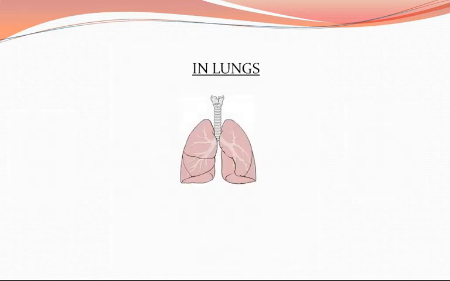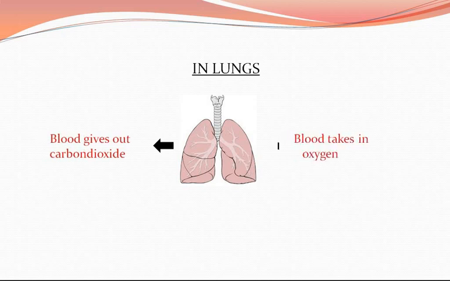Then in the lungs, blood gives out carbon dioxide and takes in oxygen. In other words, in the lungs, carbon dioxide is removed from the blood and the blood gets mixed with oxygen. Then from the lungs, this carbon dioxide is expelled out from the body.